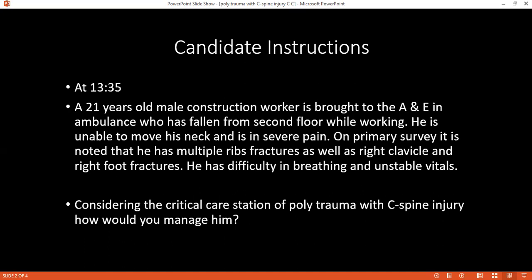Then adjuncts to the primary survey are the investigations: X-rays and blood investigations. The secondary survey is to identify potential life-threatening conditions.